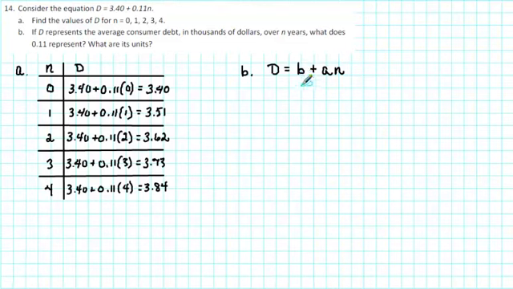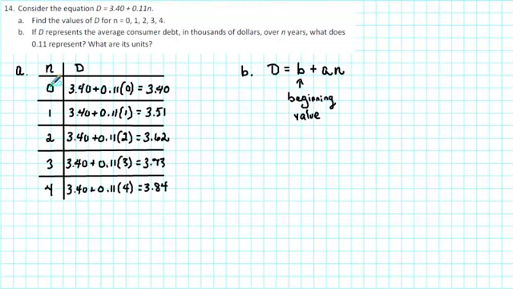Now, what we want to recognize is that this is a linear equation, and the B value is the beginning value. When n is equal to 0, we get the value of B. B is the beginning value.